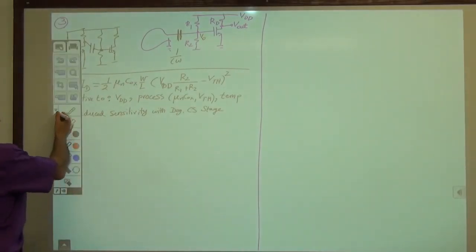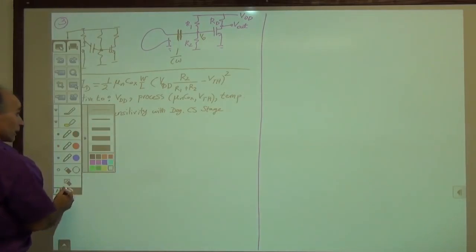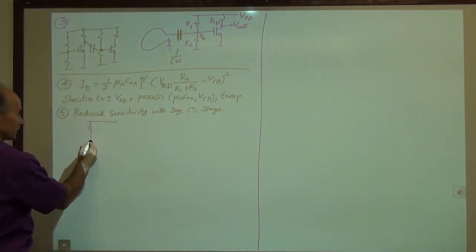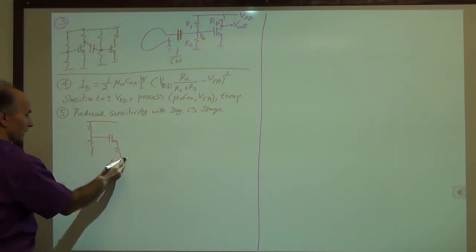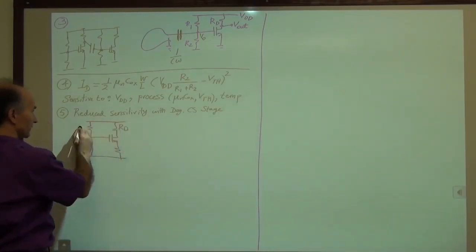Let's change the color to red again. Here's what we will do: we add some degeneration in the source, and the rest of the circuit is the same as before.